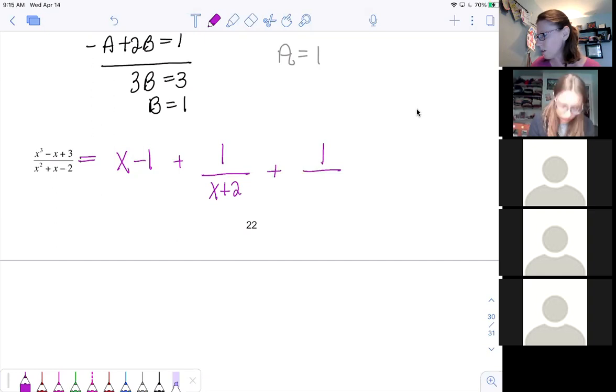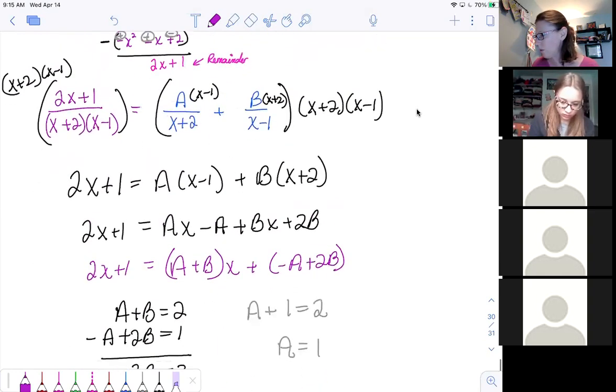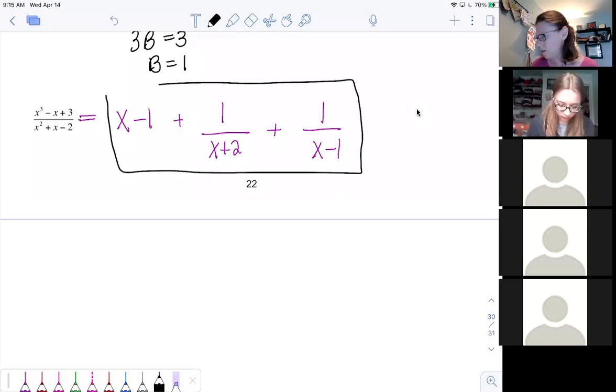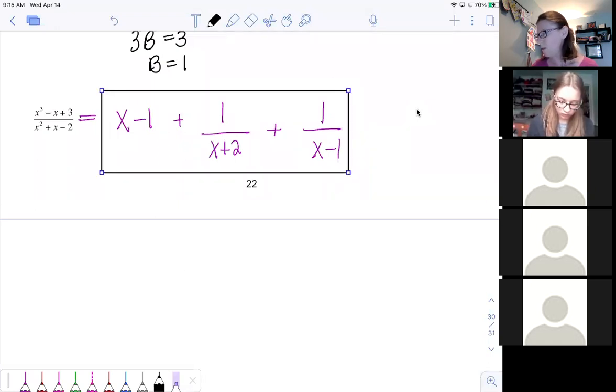B is 1 over the factor x minus 1. So those three quantities create our original fraction of x cubed minus x plus 3 over x squared plus x minus 2. But again, please make sure you're including that x minus 1 in the answer.